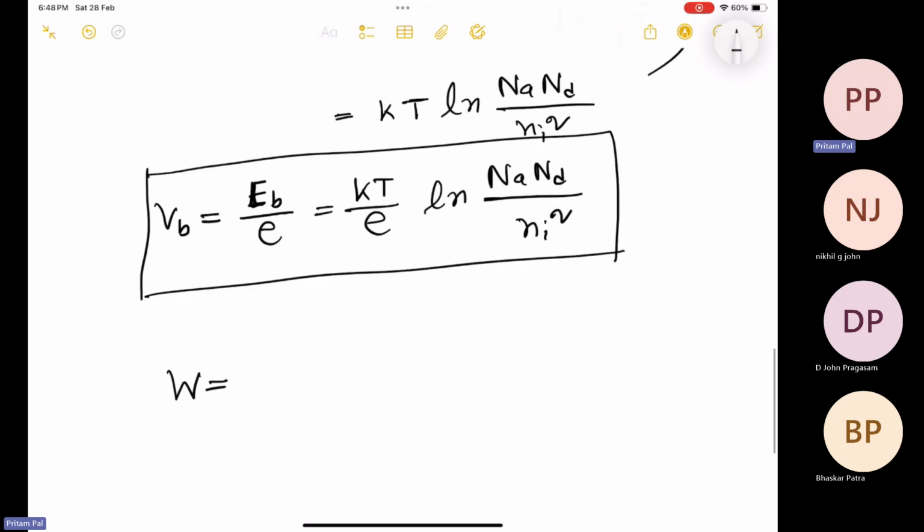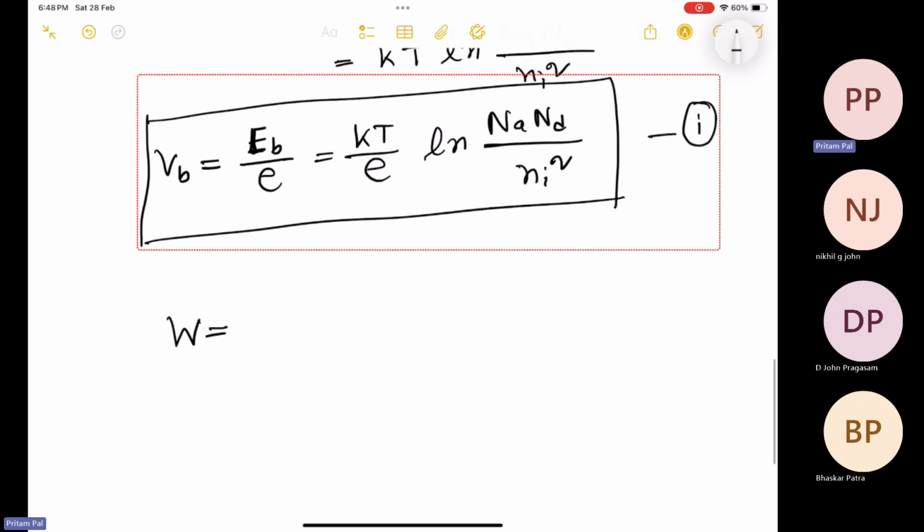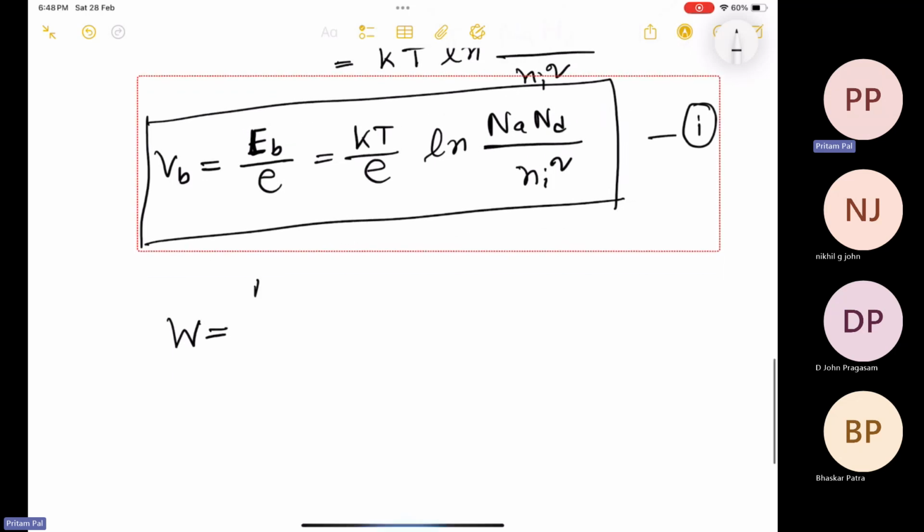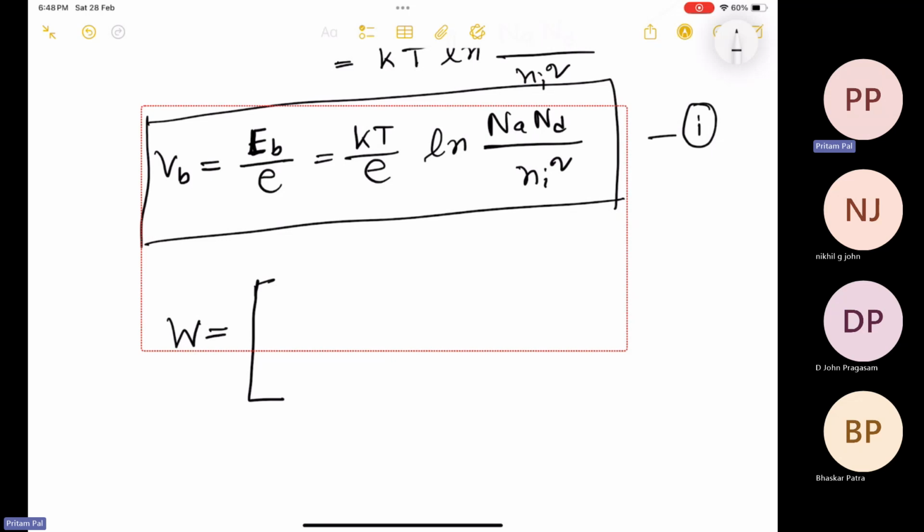For today's class, we can mark it as equation number 1. And for the width, I'm not going to derive it again. One second.